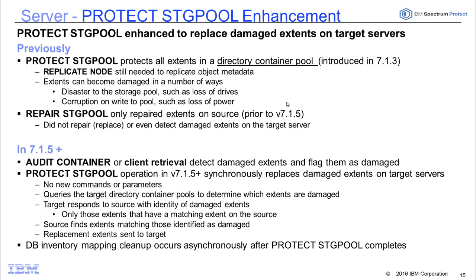And so when the Protect Stgpool runs again, for those damaged extents, the target will make sure if it has a copy of those, it'll send it over to the source server and replace the damaged extents. After the Protect Stgpool completes, the database inventory mapping cleanup will occur asynchronously.